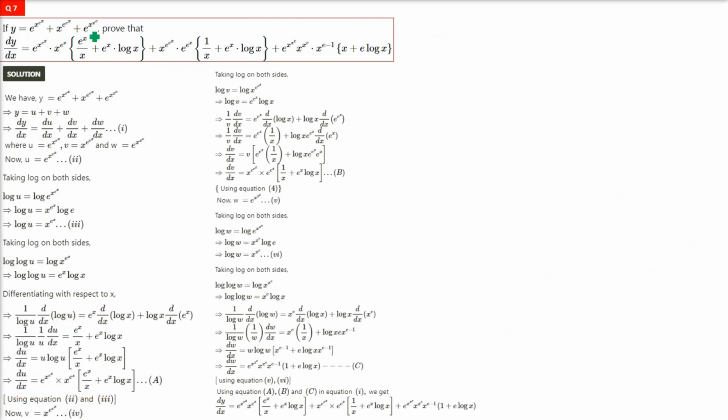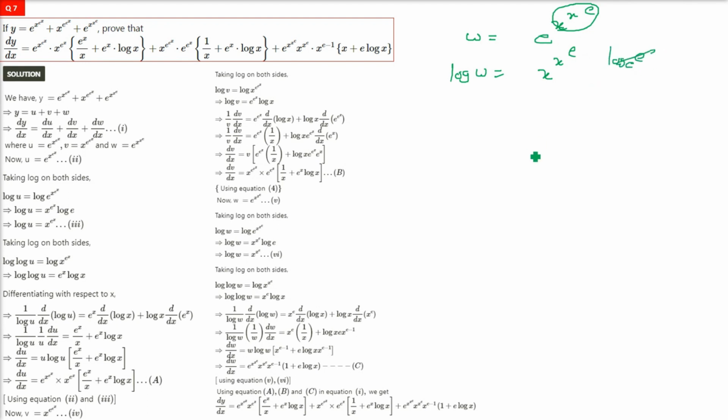Now the third term. So this third term is e to the power x to the power x to the power e. So w will be equal to e to the power x to the power x to the power e. Now dw by dx, let us take log first. Log w, this will come in front, x to the power e, and log e is 1 only.